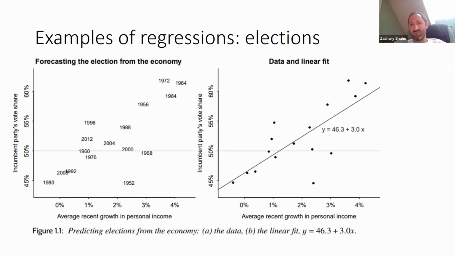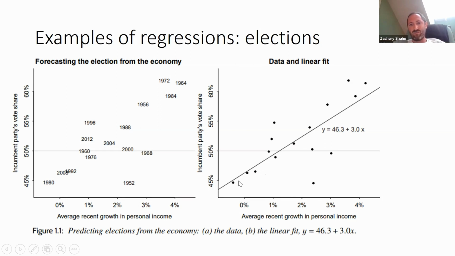So in this case, the assumption was made that the regression function was linear, that it was a straight line. So the assumption was made that for a given recent growth in personal income, the expected incumbent party's share can be expressed as a linear function of personal income.